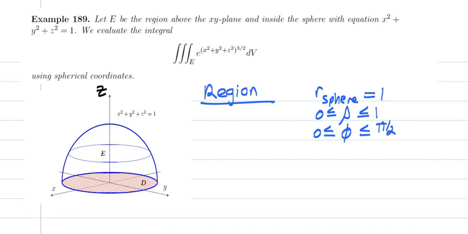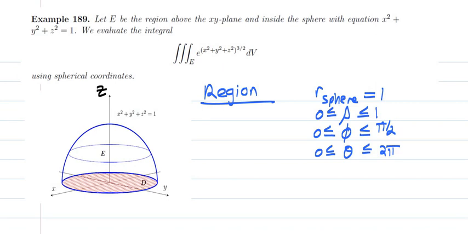And as you can see, you don't just have points in the first octant, but you have points everywhere. If you take region E and project it onto the xy plane, you get a full circle. So theta is between 0 and 2 pi.